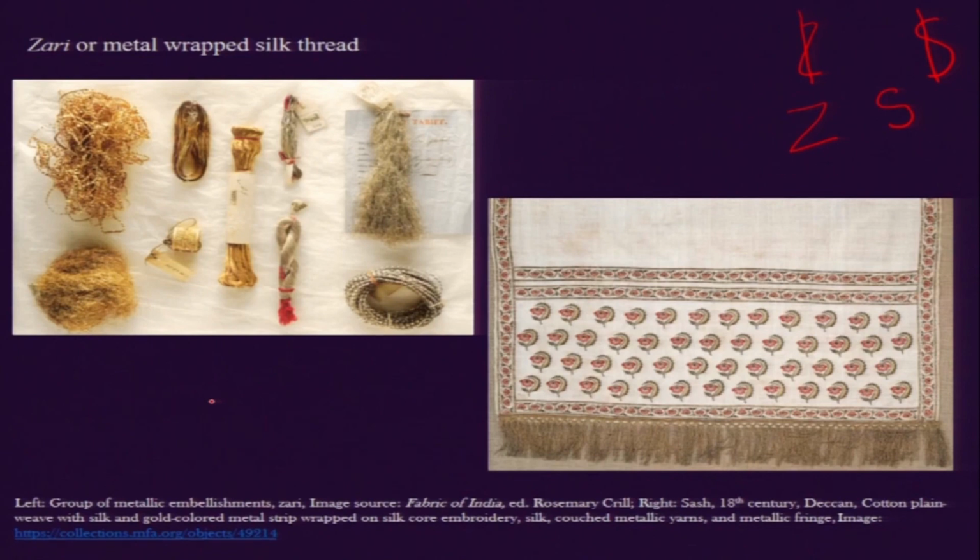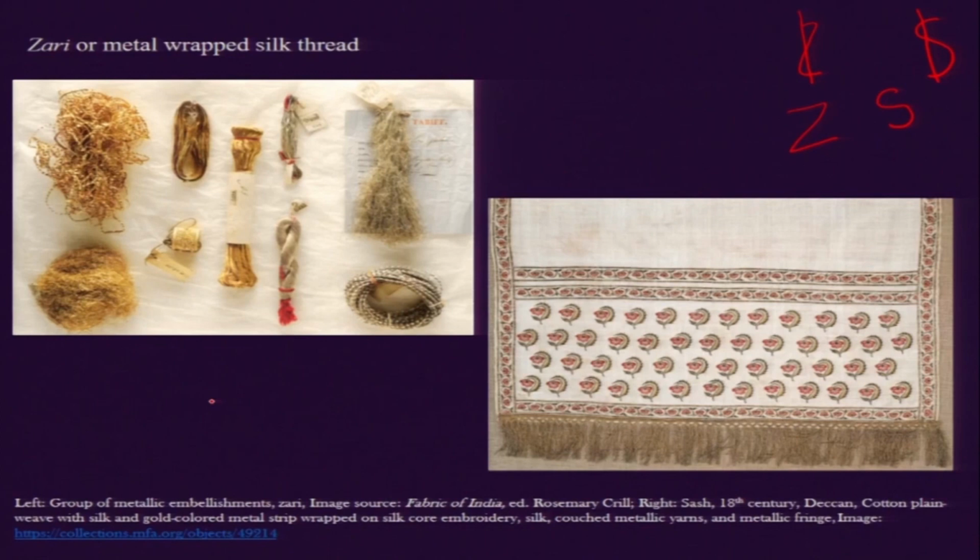These threads are also part of making zari, and zari threads are also used in another very special embroidery technique called zardozi, in which different kinds of metal fragments, pieces of metal and embellishments are incorporated.